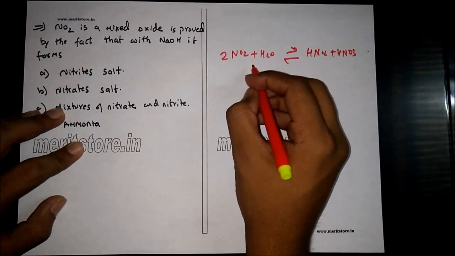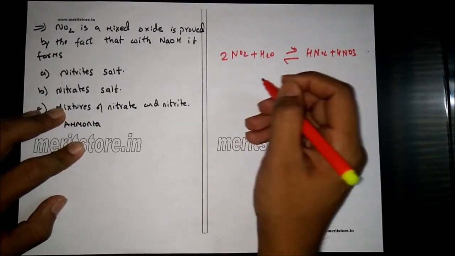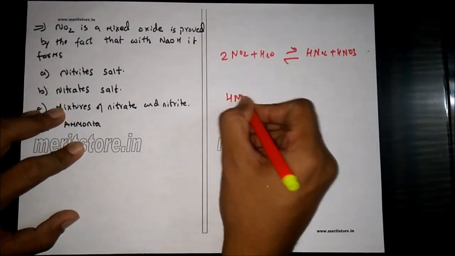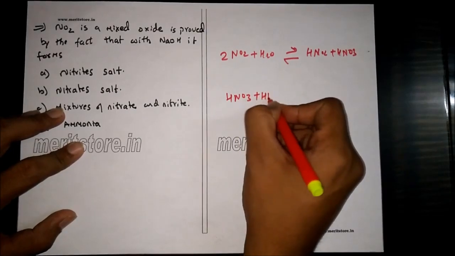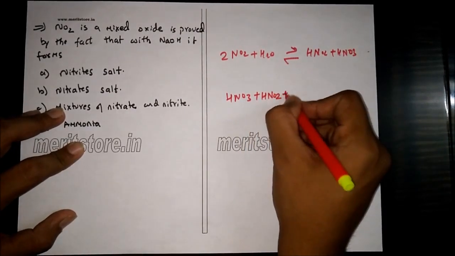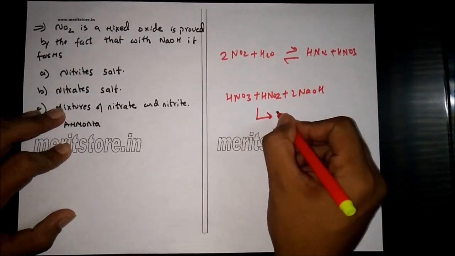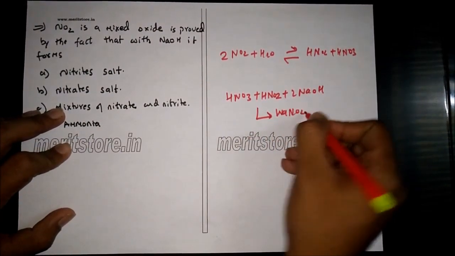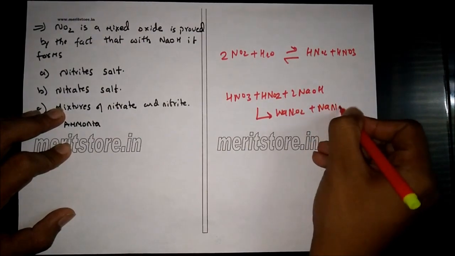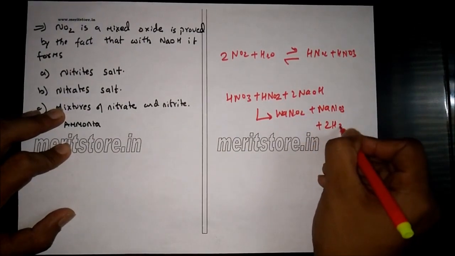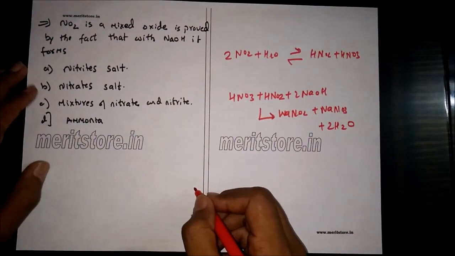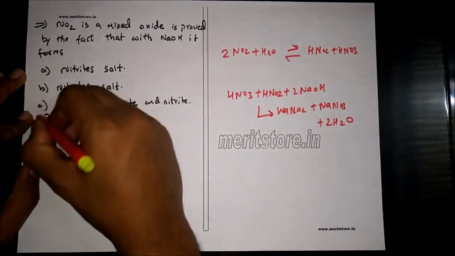Now, this nitrous and nitric acid on heating with NaOH gives mixtures of nitrate and nitrite, which is NaNO2 plus NaNO3 plus 2H2O. Therefore, the correct answer here is option C, mixtures of nitrate and nitrite.